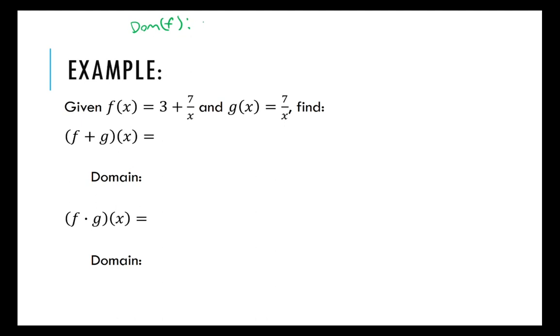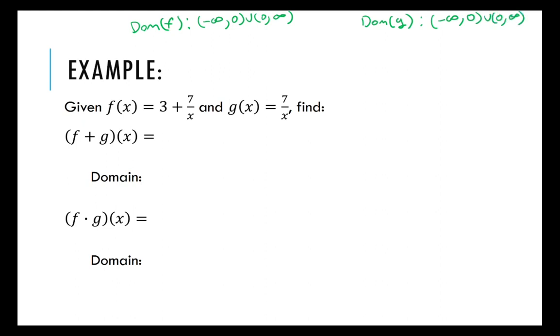And so that's going to be everything but 0: negative infinity up to 0, union, not including 0, up to positive infinity. Then let's find the domain of g, and the domain of g is everything but 0 as well. So that's going to have the exact same domain, negative infinity up to 0, union, not including 0, up to positive infinity.